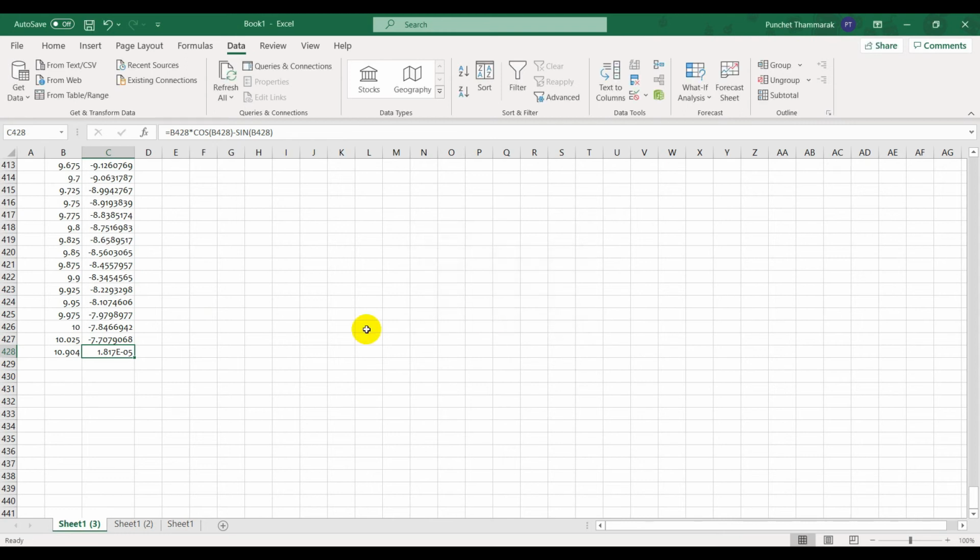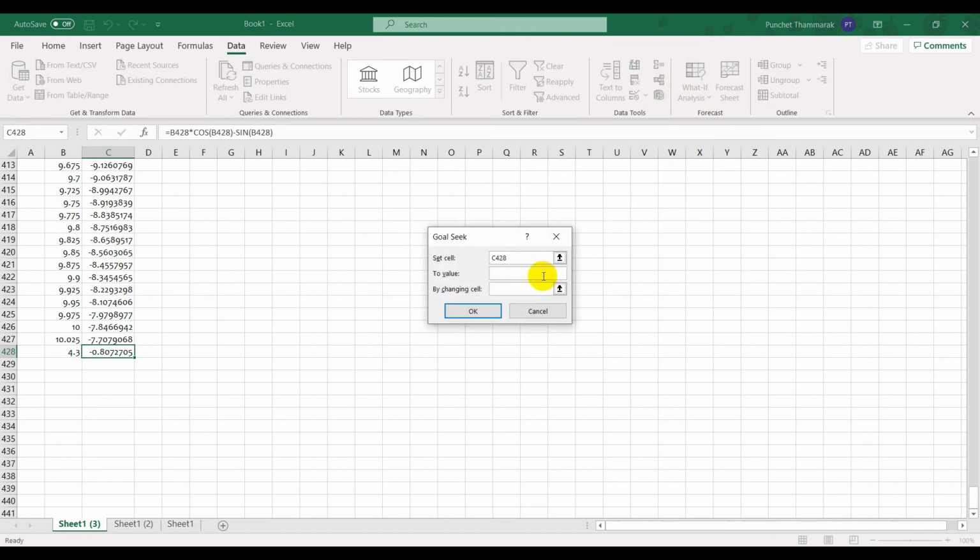All right. Why isn't this changing? Oh, it is closest to 10.9. I'll put the initial value somewhere like 4.3 and do the goal seek again, by changing this cell.